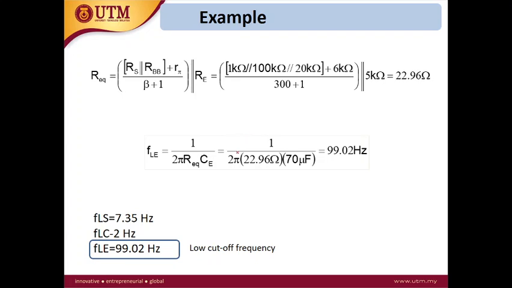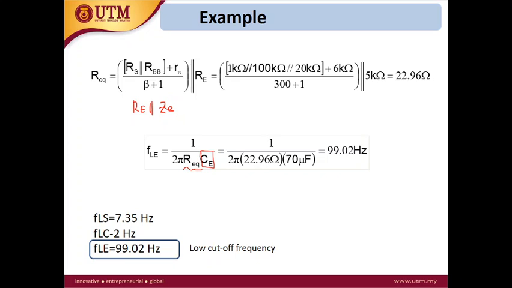For the cutoff frequency calculation, we use the CE value for the capacitor, and the total resistance in the cutoff frequency equation, Req, is defined by RE parallel with ZE.